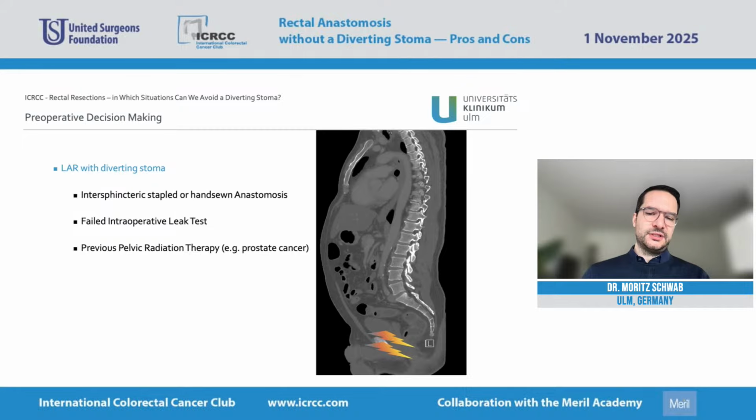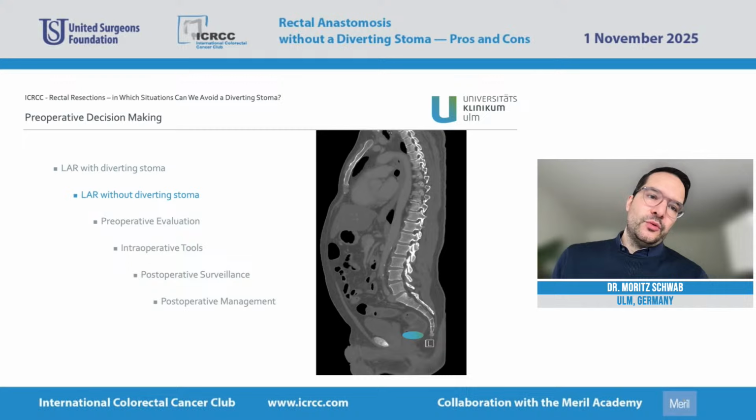Intraoperatively, when the air leak test fails, it is clear to divert with a stoma. And the old Hartmann resection, we only plan when sphincter infiltration is clear and there's no chance of preserving the sphincter.